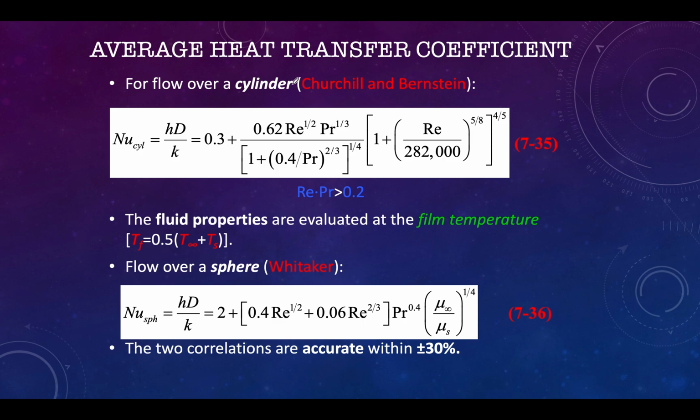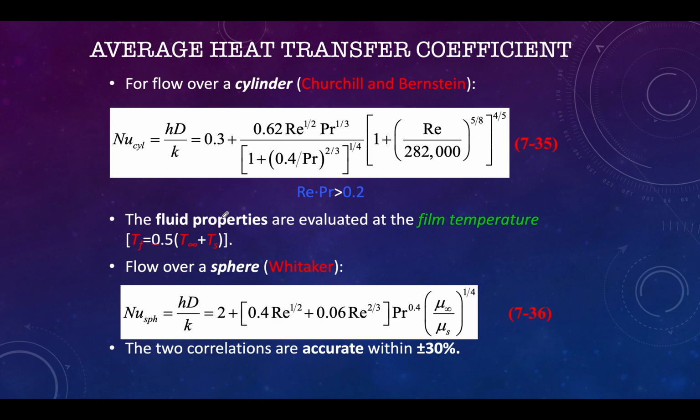So the properties for a cylinder will be evaluated as fluid properties at the film temperature. So you have to calculate the film temperature: Tf equals T infinity, the fluid temperature, plus Ts, the surface temperature, divided by 2. Then you refer to the table in the appendix of your books to find the fluid properties at Tf, and substitute all the values into this equation.